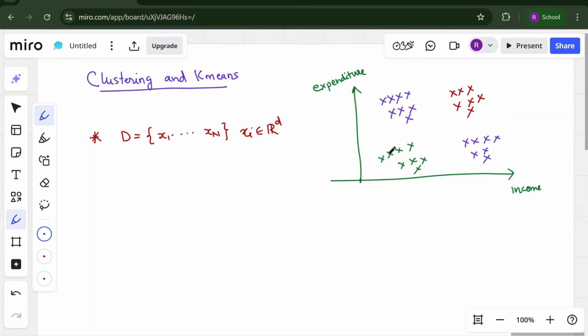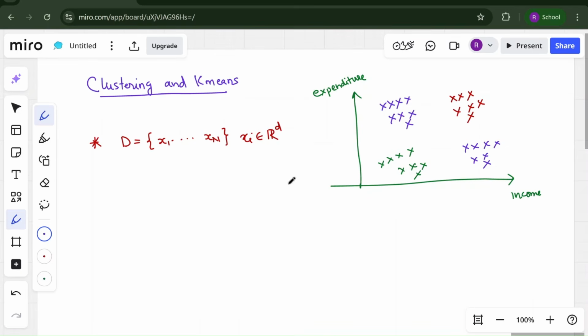So in this example itself you can observe that the red data points are someone who has a lot of income and also makes a lot of expenses. So it's probably Ambani who will be at this point, right? On the other hand, you have these guys who have high income but very low expenditure.